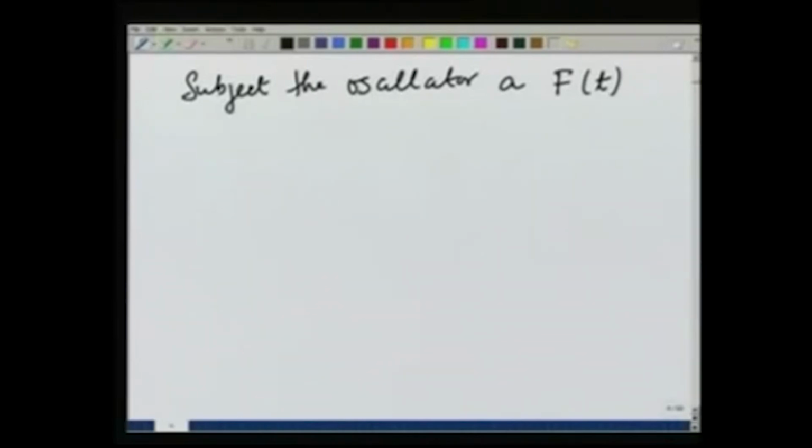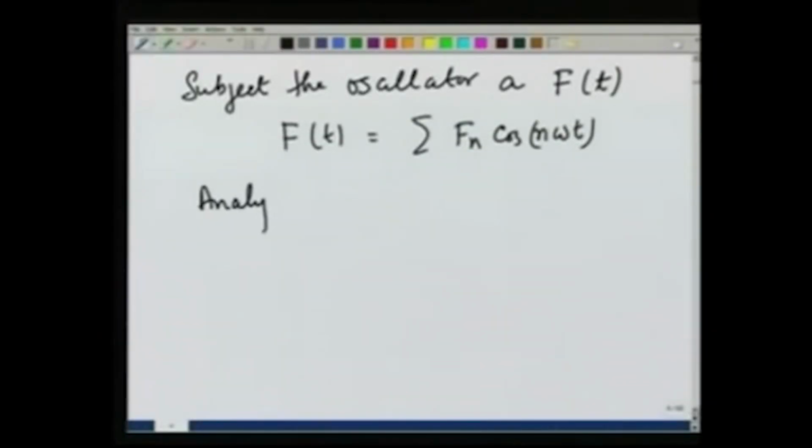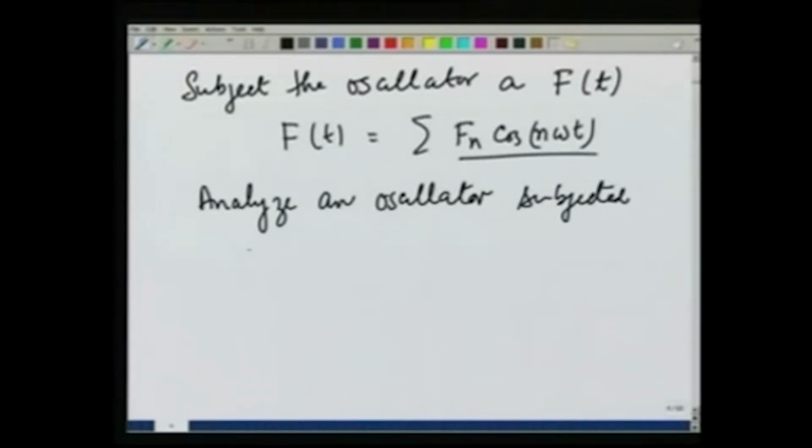In general, a time dependent periodic force can always be written as a Fourier series like f n cosine of n omega t, where omega is the frequency of oscillation, and therefore, it is best that we analyze an oscillator subjected to one of these components, to a force f cosine of omega t, where omega is the frequency of the force.